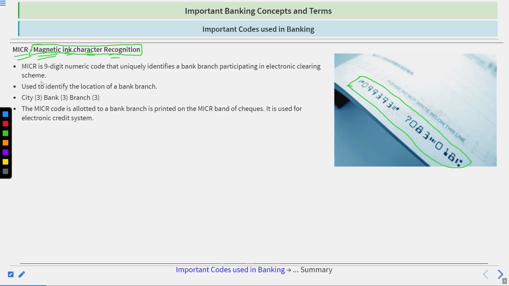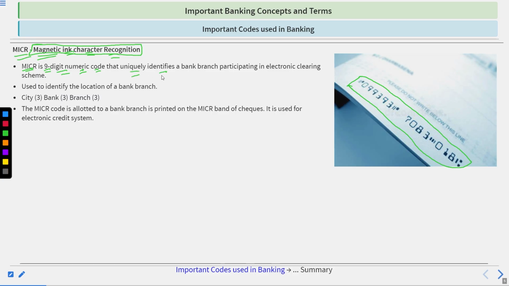Now, what is the significance of this? What do we understand by this? The MICR is a 9-digit numeric code. Numeric code, not alphanumeric code. Remember what I'm saying. Numeric means it only comprises numbers. No alphabet is used here.